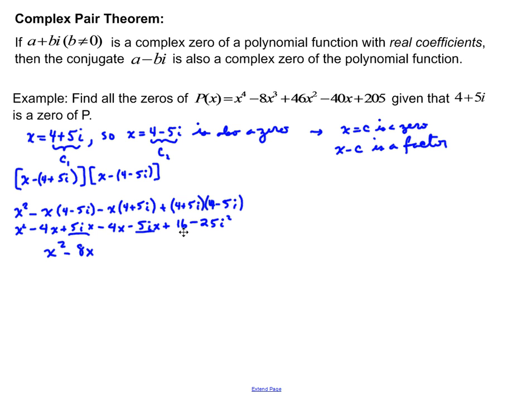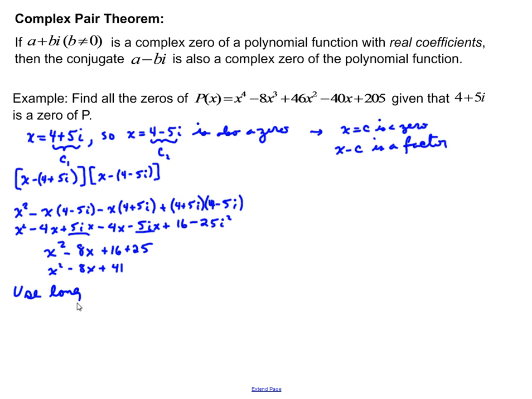We have 16 minus 25i squared. Well, that's plus 25. So in fact, our expression becomes x squared minus 8x plus 41. So this is one of the factors of P of x. And we can get the other factors now by using long division.